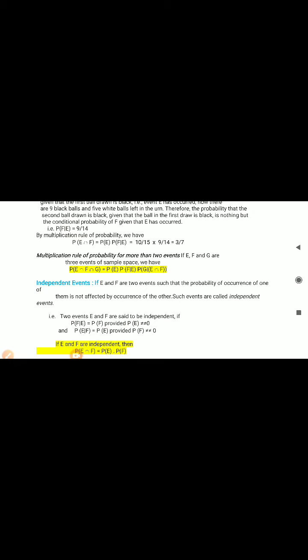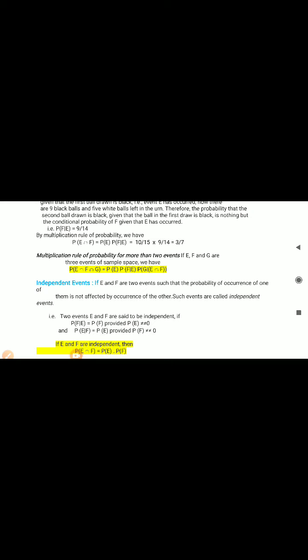Now there is a topic for independent events. Events E and F are said to be independent if the occurrence of one does not affect the occurrence of the other.